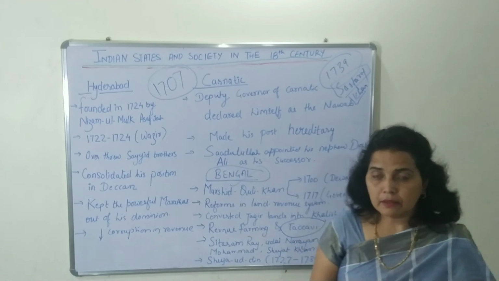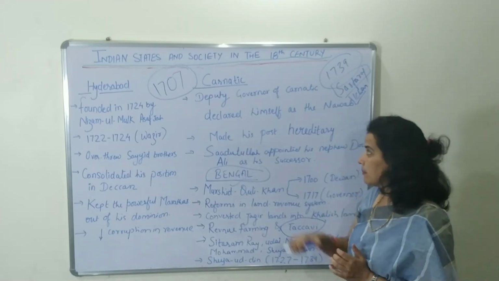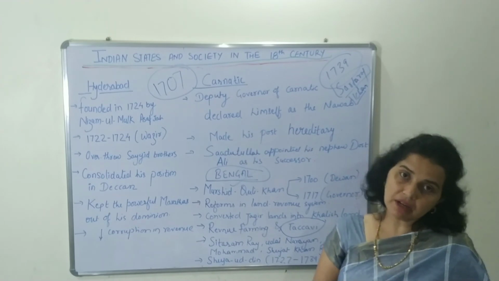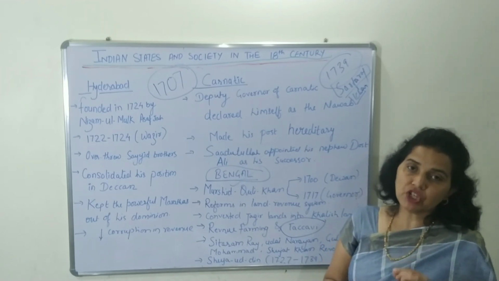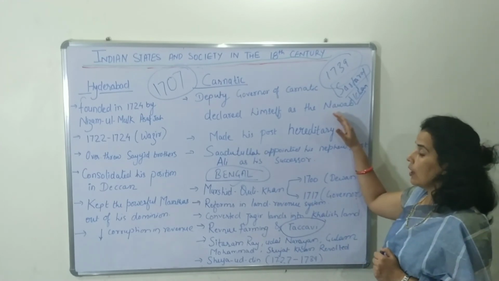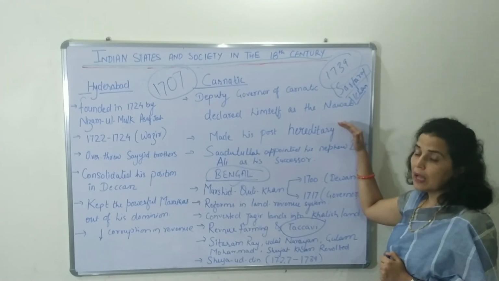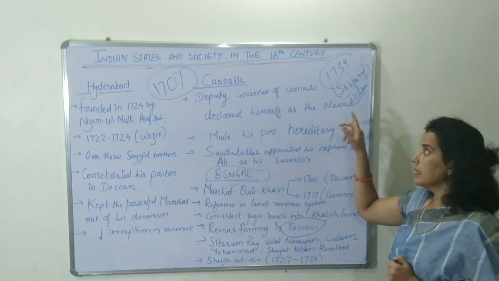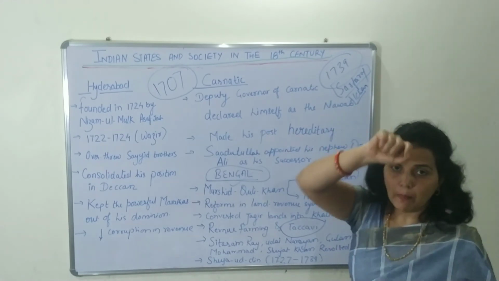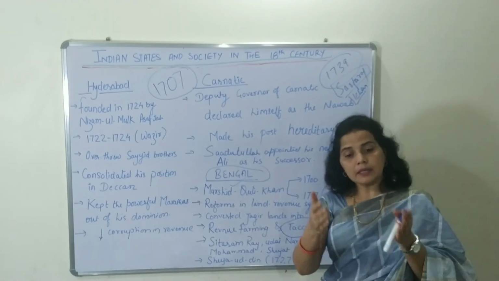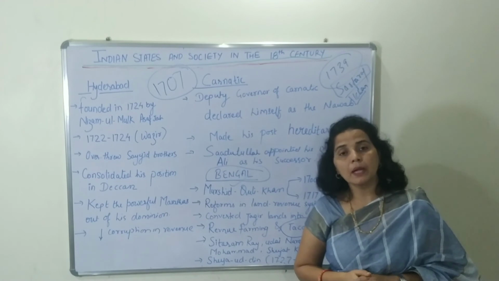And once he became the Nawab, he sent 2 crore rupees to Muhammad Shah Rangila to get official acceptance from the Mughal Empire that he was the ruler of Bengal. He sent 2 crore rupees to whom? To Muhammad Shah Rangila. In turn, he got affirmation that yes, you are the Nawab of Bengal.